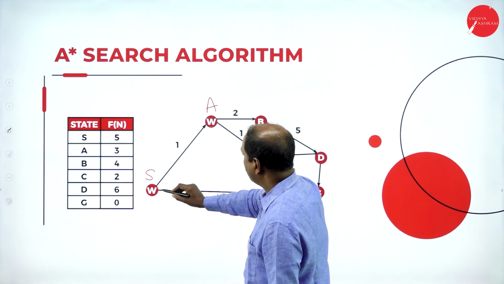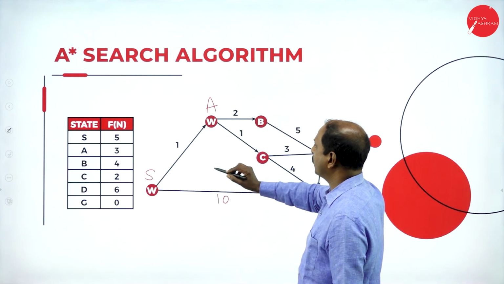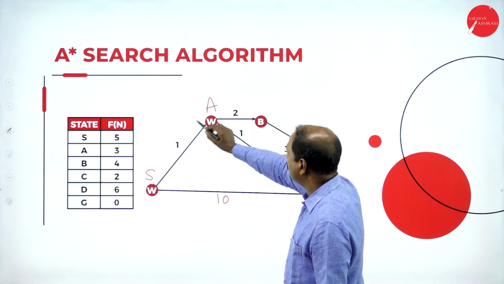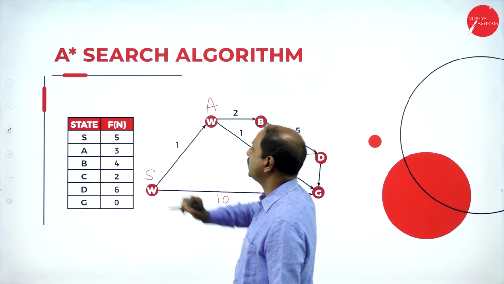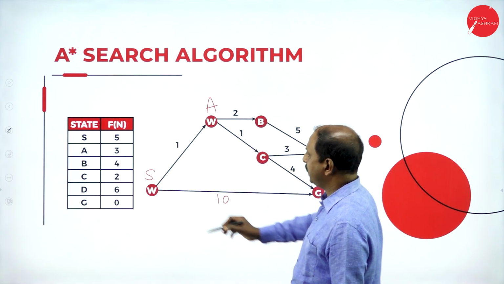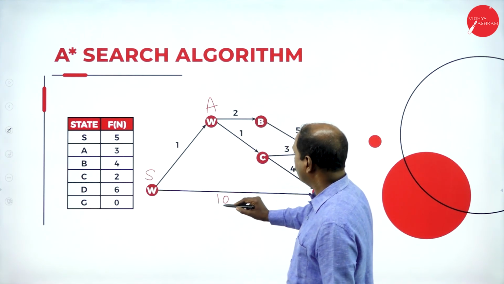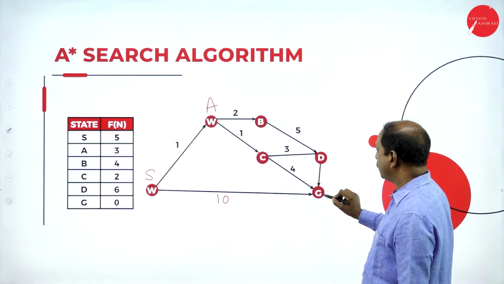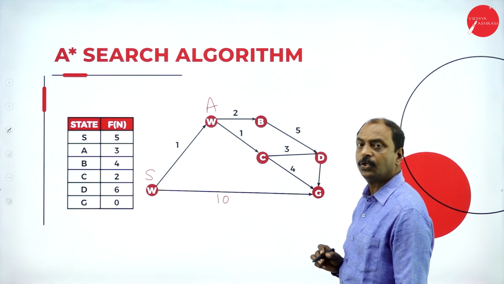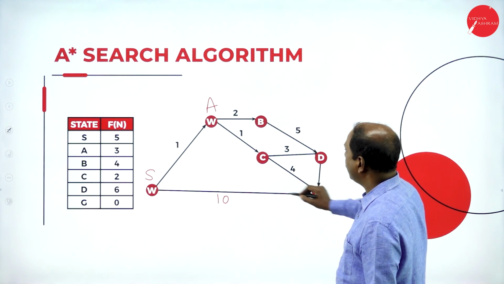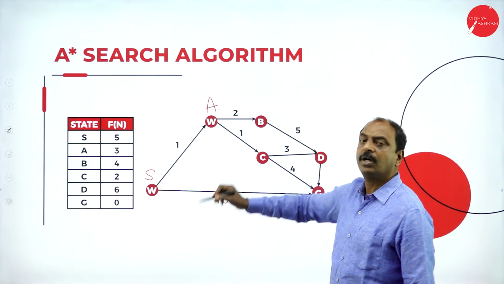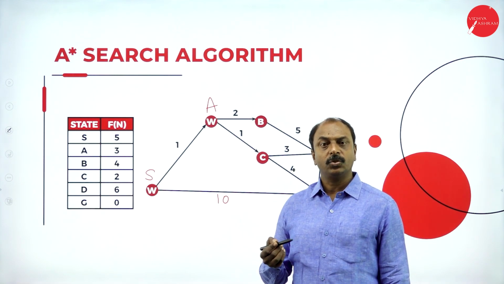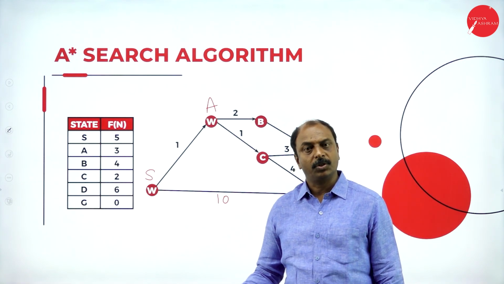To reach A from S, we consider the path cost as well as the heuristic function value, that is 3. Again, consider the path to G as well as the heuristic value of node G. By comparing these two, whichever has the lowest value, we follow that particular path.